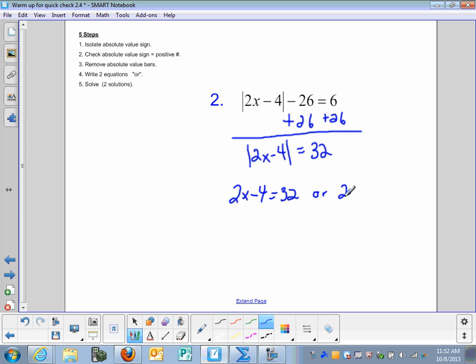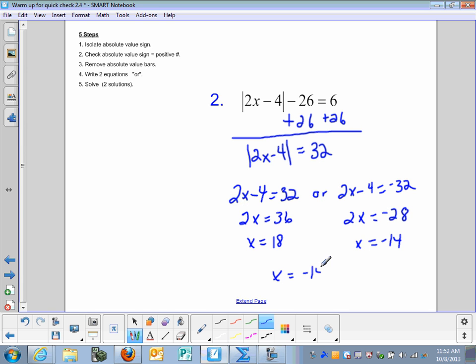So 2x minus 4 could equal negative 32. Now we're on step 5, solve for two solutions. So x is equal to negative 14 or 18.